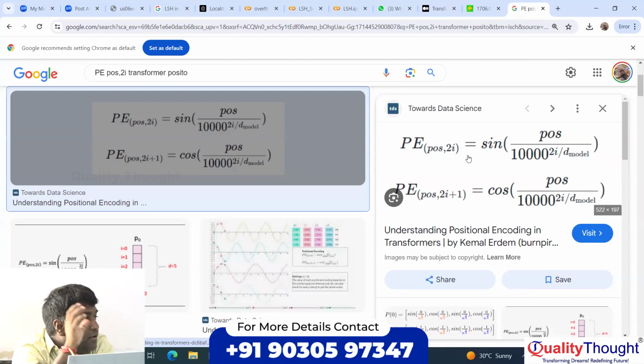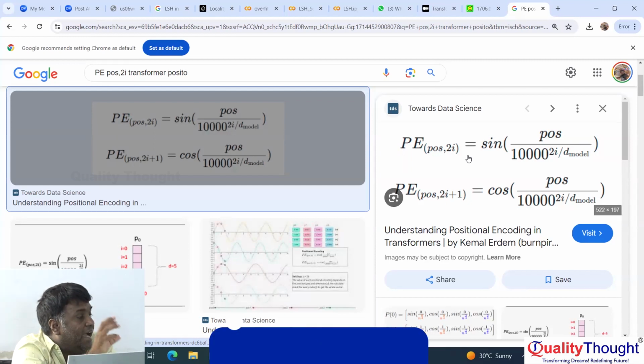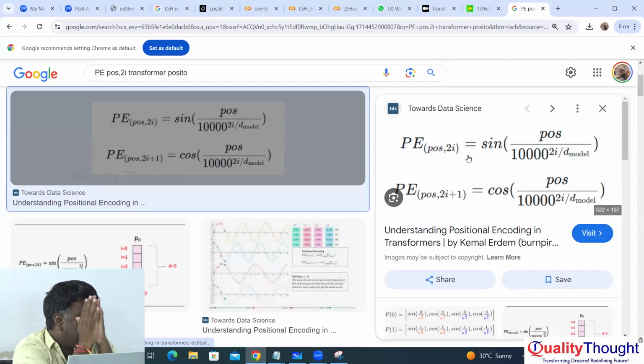The positional encoding will help us to carry the position of the words in a given sentence. That will help us to establish the relationship between one word and all the other words.